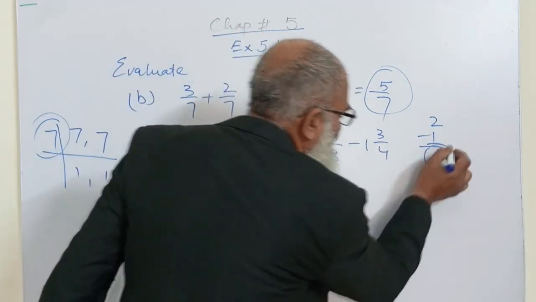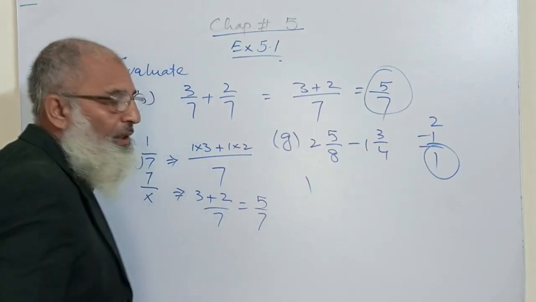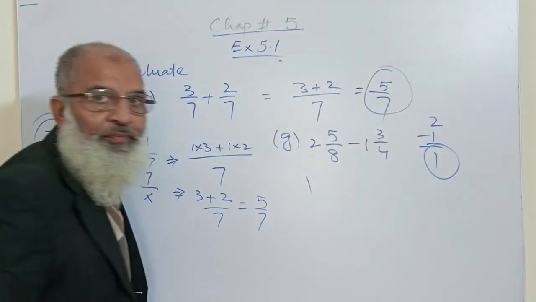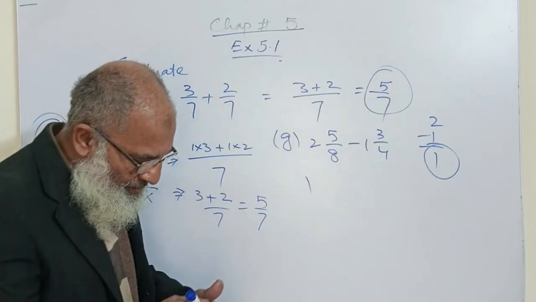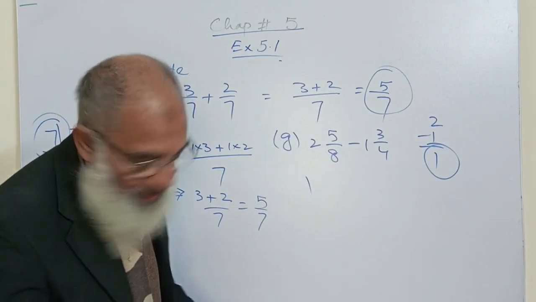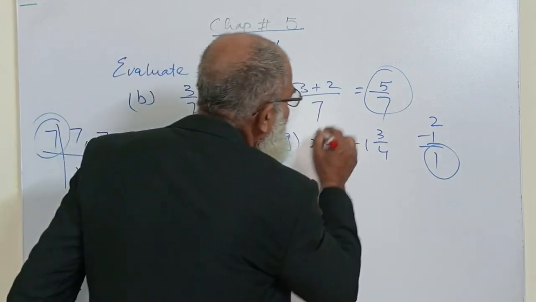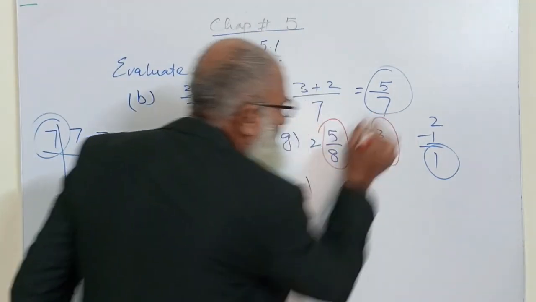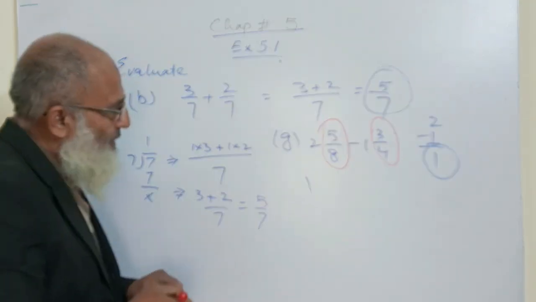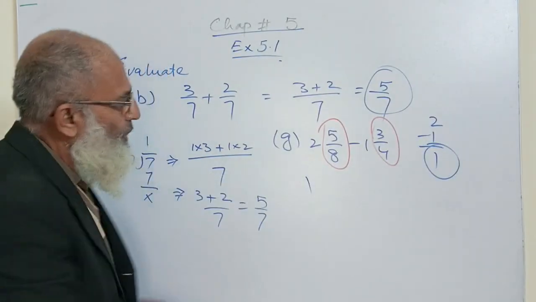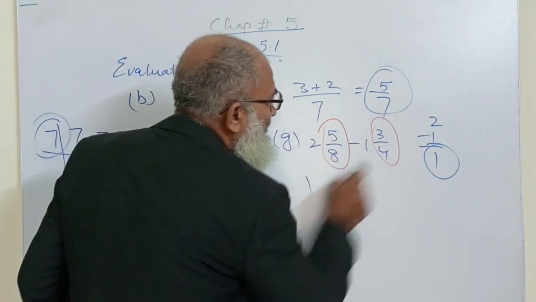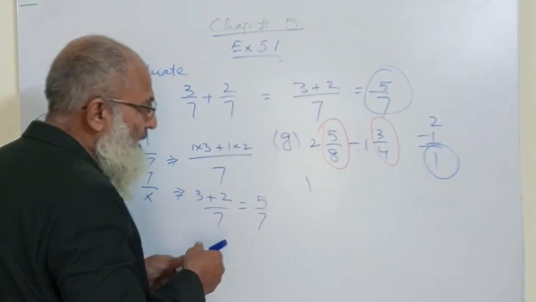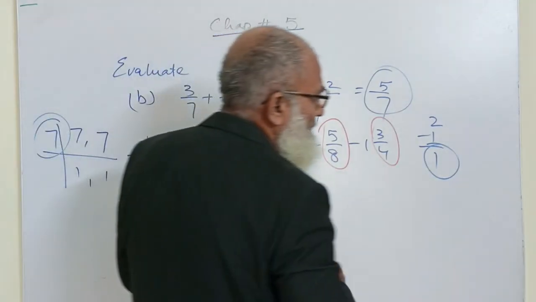It is 1. Keep it separate. Now what are we left with? We are left with only this 5 by 8 and this 3 by 4. Get the LCM and it will be 8.